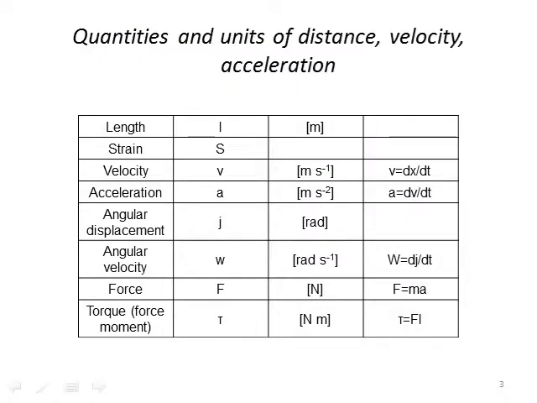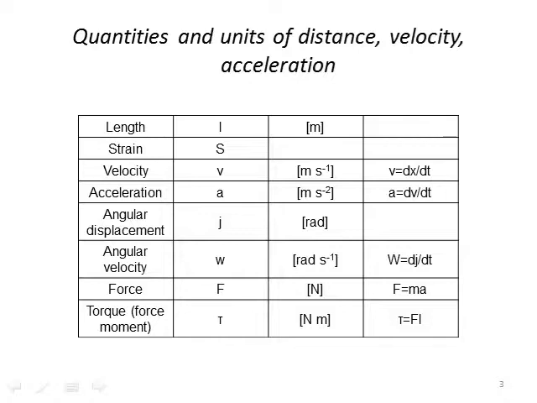The quantities and units that we'll talk about for distance, velocity, and acceleration sensing are length, which is meter; strain. So remember that strain does not have units, and we're talking about linear strain. Velocity, meters per second. Acceleration, meters per second squared.